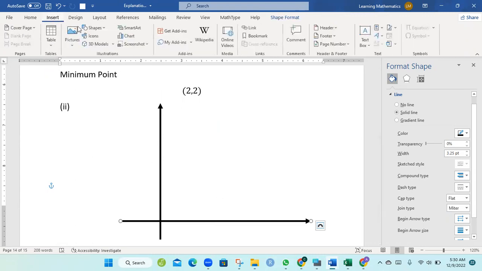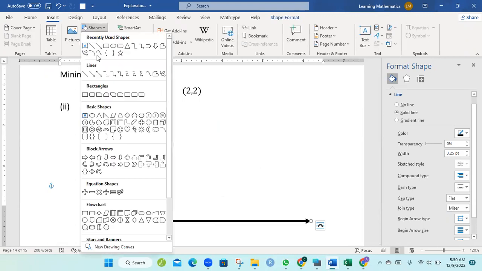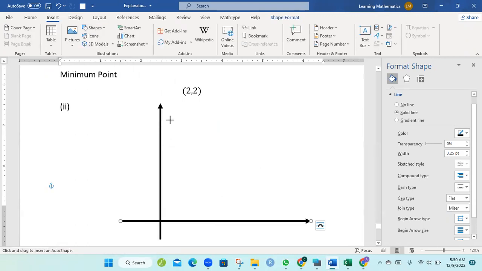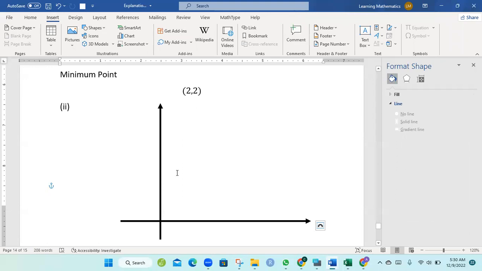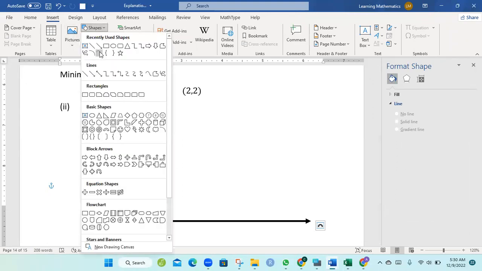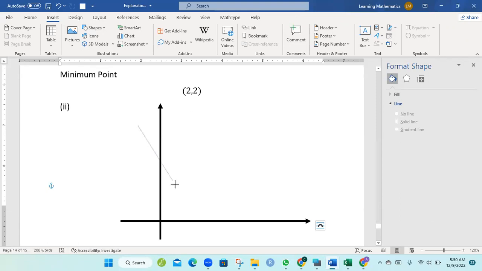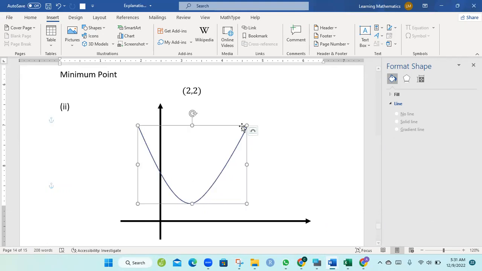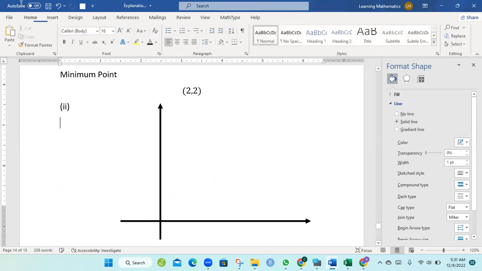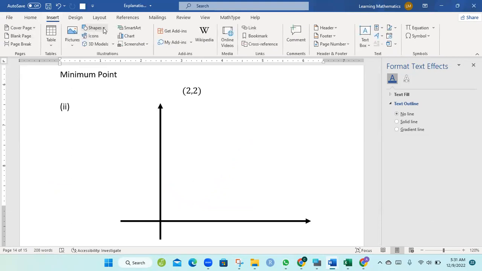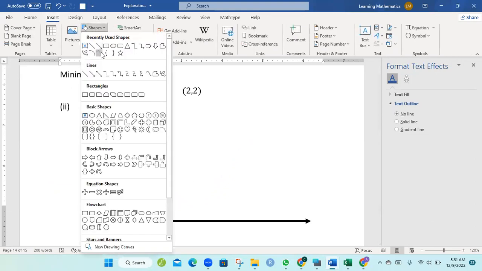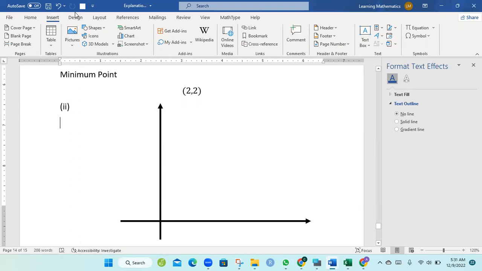So let's draw a curve. You double click and hold, and double click and hold. So you have a U shape. Let's do that again. Double click and hold.